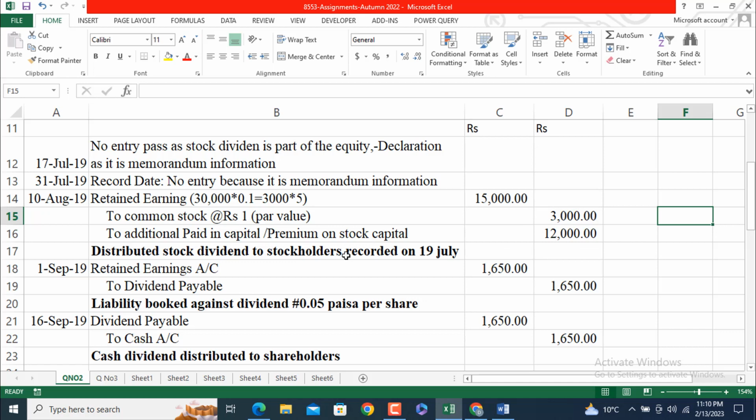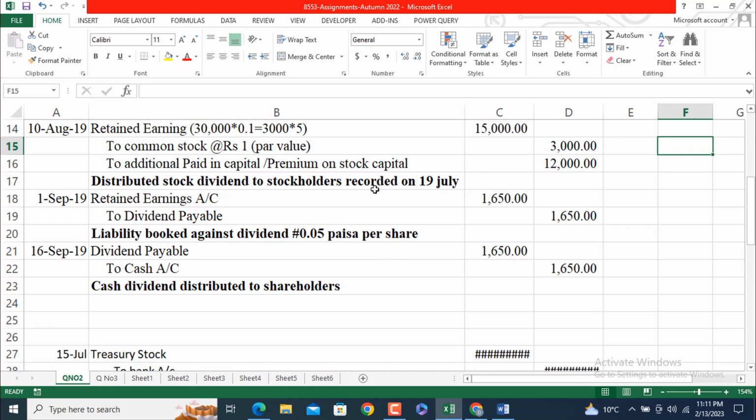So I am also going to write here the narration of this transaction: Distributed stock dividend to stockholders, recorded on 19 July, or declared on 19 July. Not recorded, it is good to write here declared on 19th July.